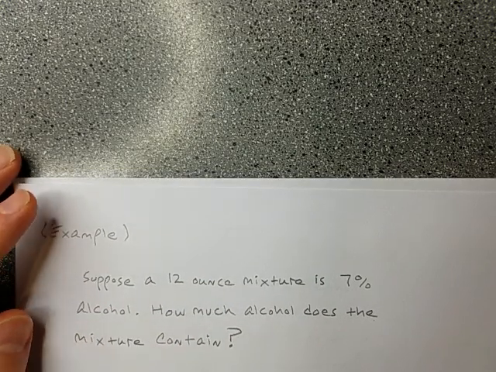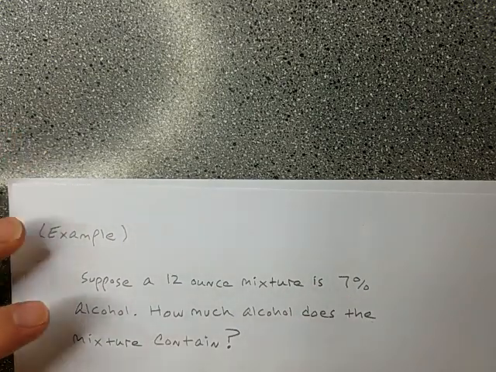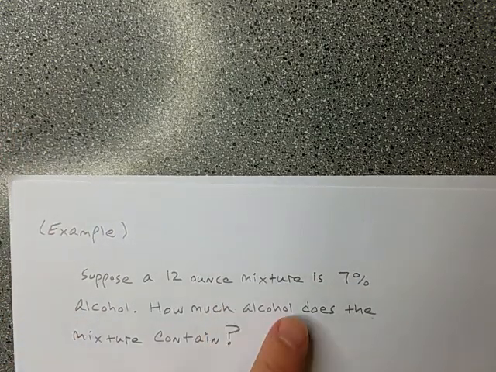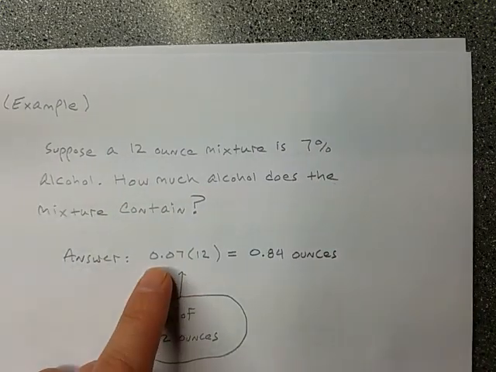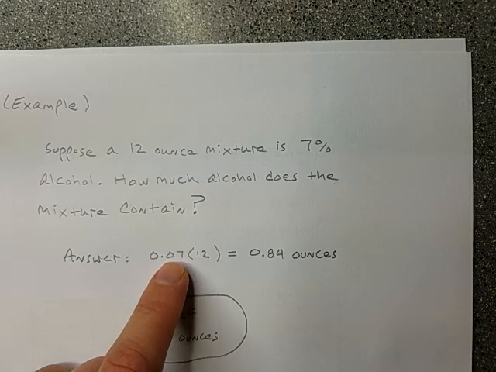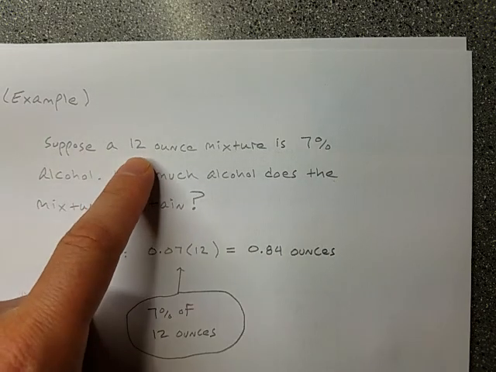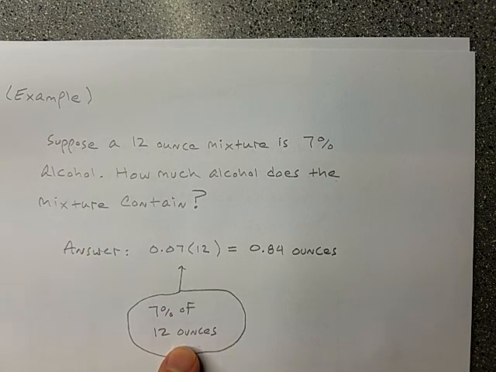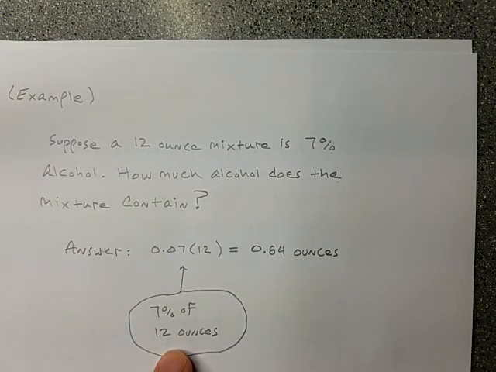Okay, so what does the 7% translate into, in other words? How much alcohol does the mixture contain? It's pretty easy to answer. We take 0.07, which is the decimal form of 7%, times 12, the total volume of the mixture, okay? That's like saying 7% of 12.